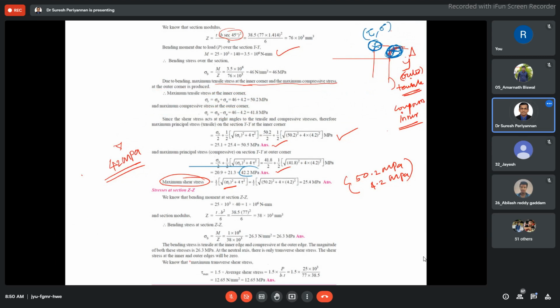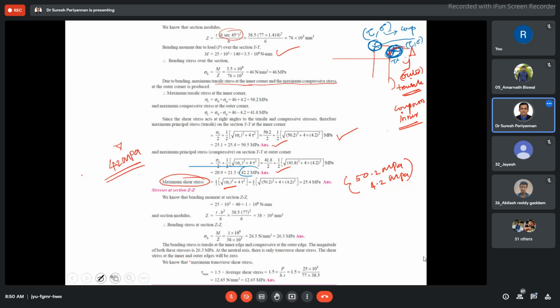Tau is common, but sigma is compressive here and tensile there. Now we have the tau and sigma coordinates. Then substitute in the maximum principal stress equation. We are finding the stress at the outer corner and inner corner.